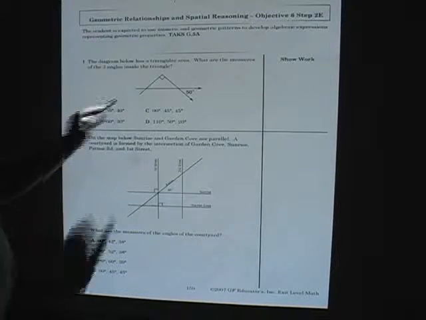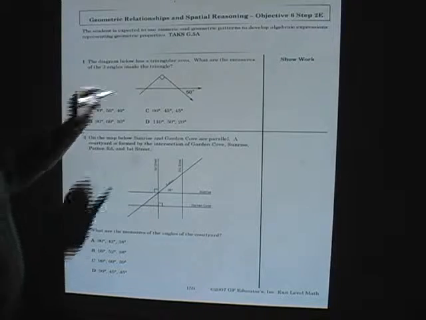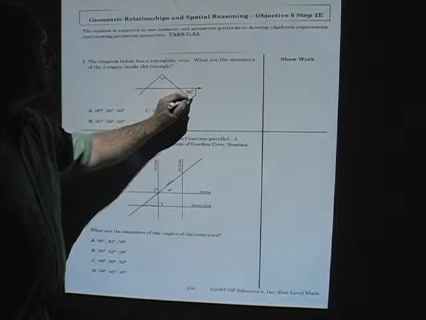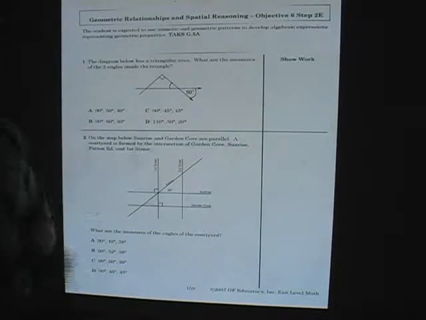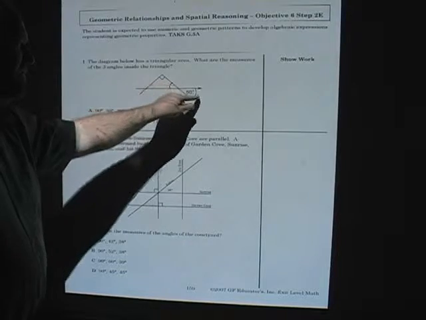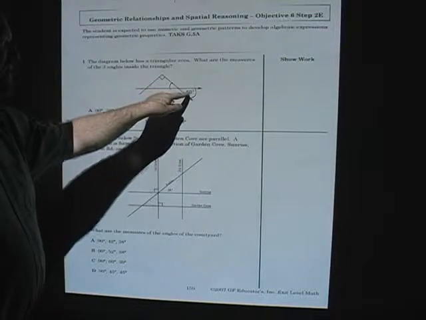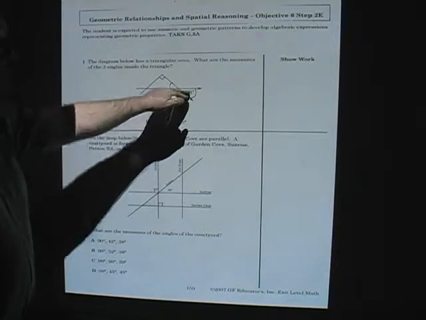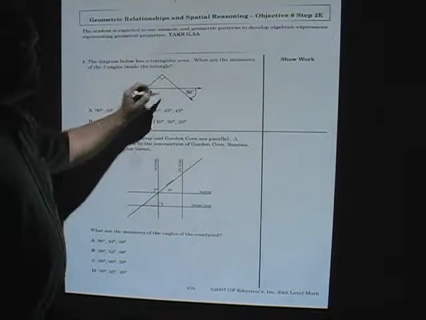And we talked a little bit about this before. When I've got angles like this, this is something you really need to memorize. When you see a figure like this, these are called vertical angles. These are congruent. Since this is 50, and this is 50.